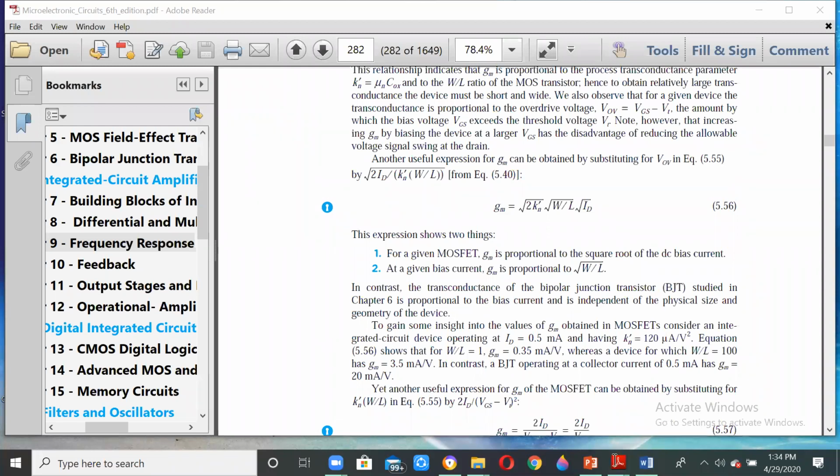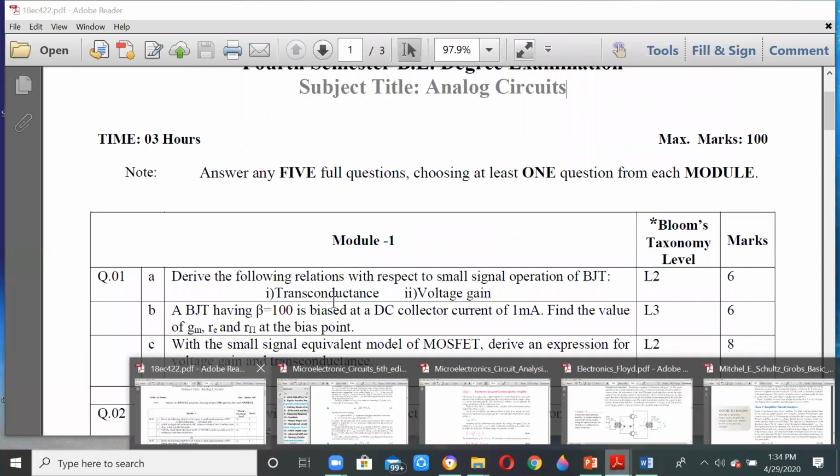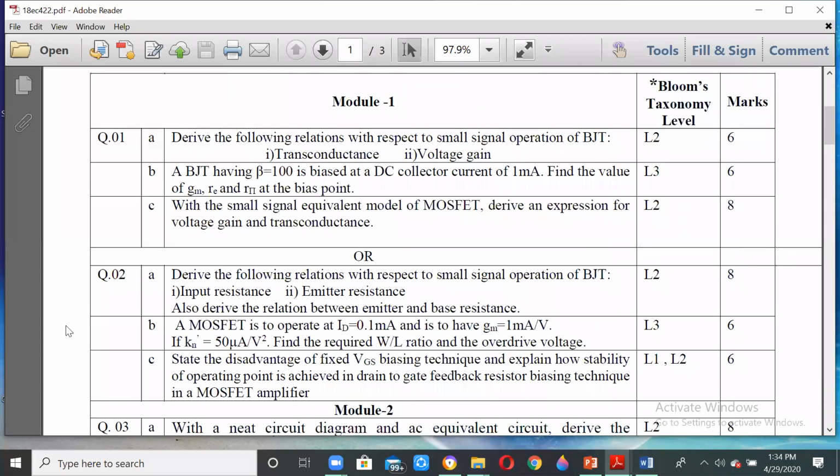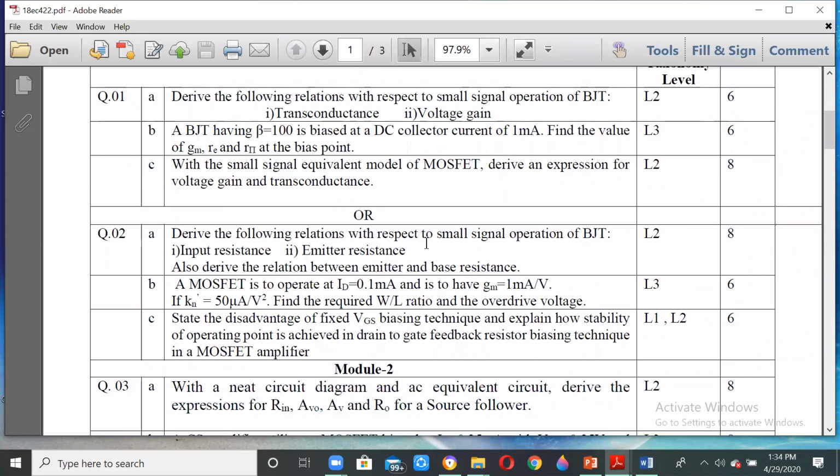Then we go for 2A. 2A is the input and emitter resistance of the BJT. Again, r pi and re, same derivation. Whatever numerical is there corresponding to that, it is just asking for the expression for the input resistance r pi and emitter resistance re and the relationship between them.